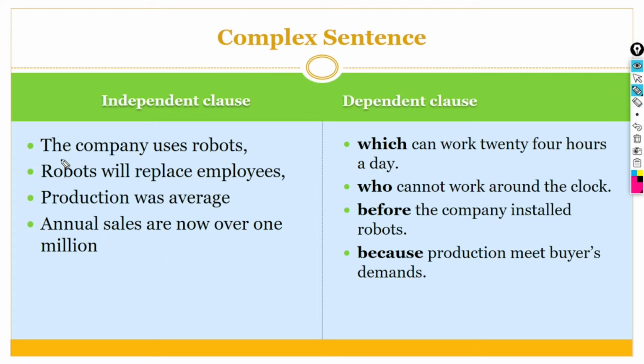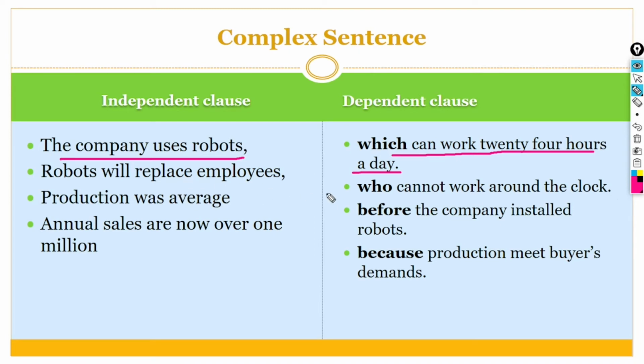The company uses robots which can work 24 hours a day. In this sentence, the company uses robots is the independent clause, and which can work 24 hours a day is the dependent clause. Similarly, robots will replace employees who cannot work around the clock.